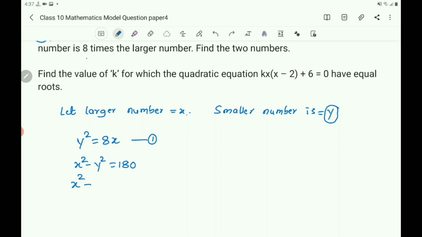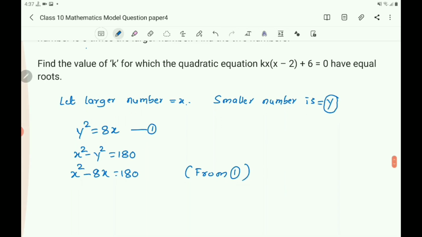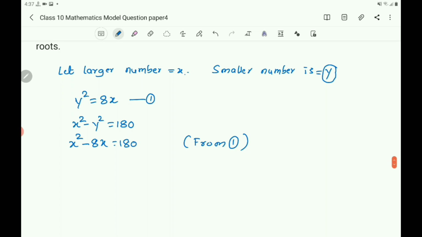So you write from first, 8x equals 180. Now here you transfer this 180 to the LHS, then it becomes x square minus 8x minus 180 equals 0.